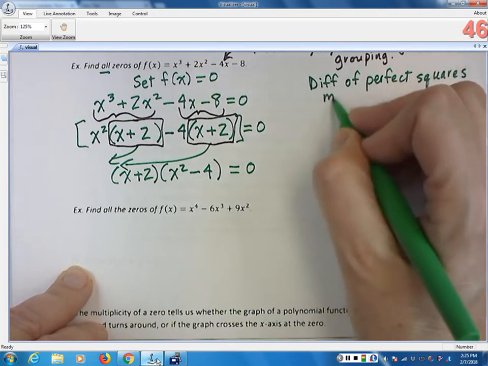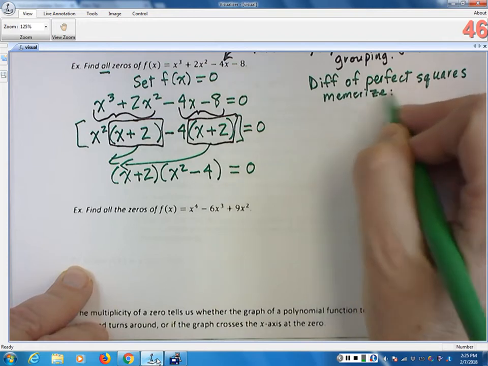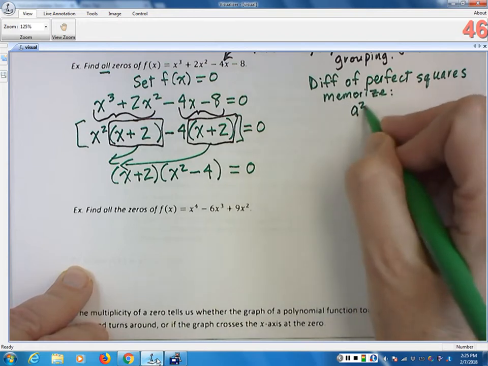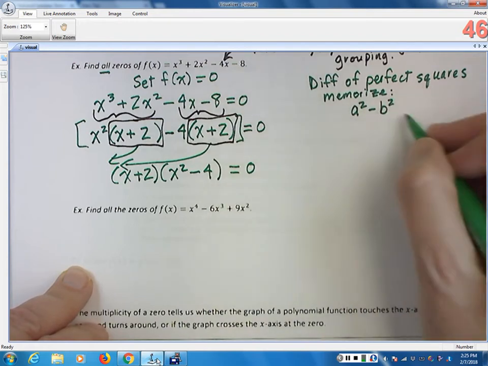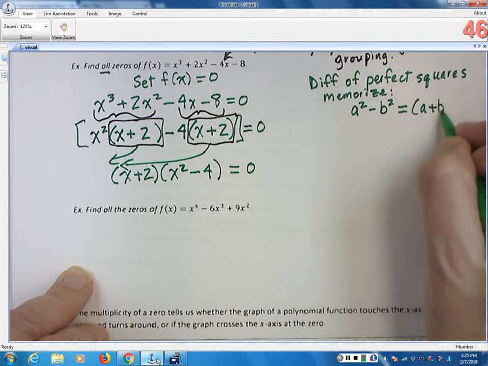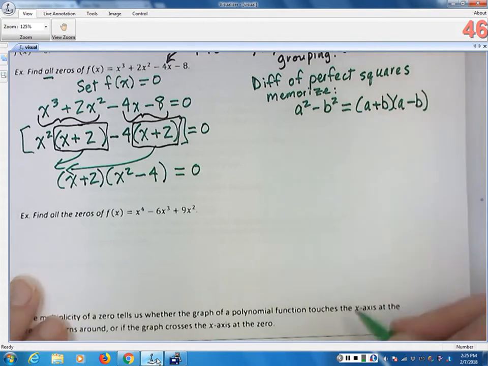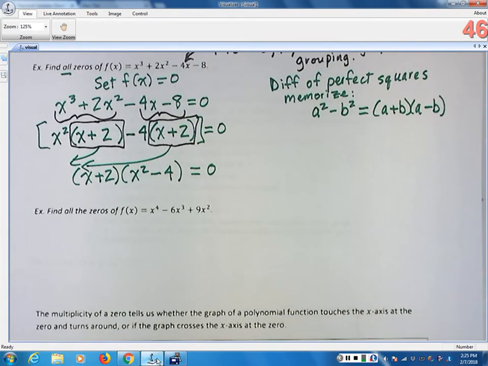You should memorize this. If you don't have it memorized, a squared minus b squared always factors into a plus b times a minus b. That's called the difference of perfect squares.